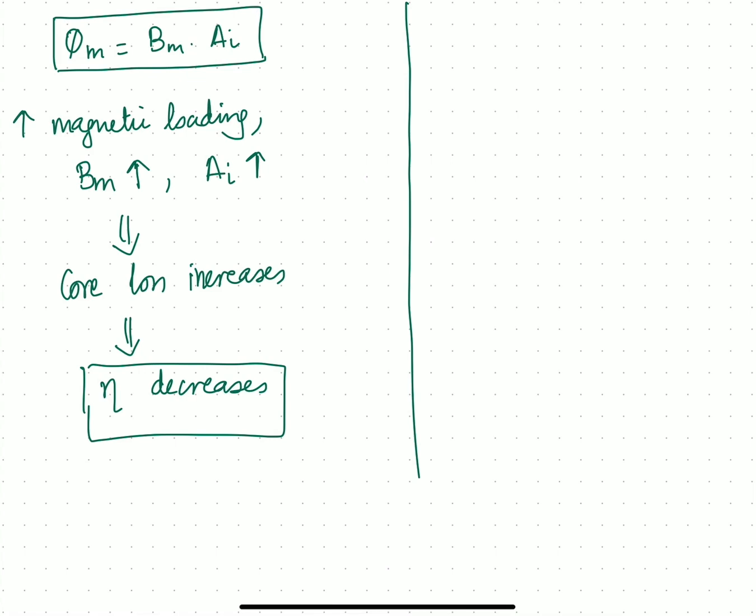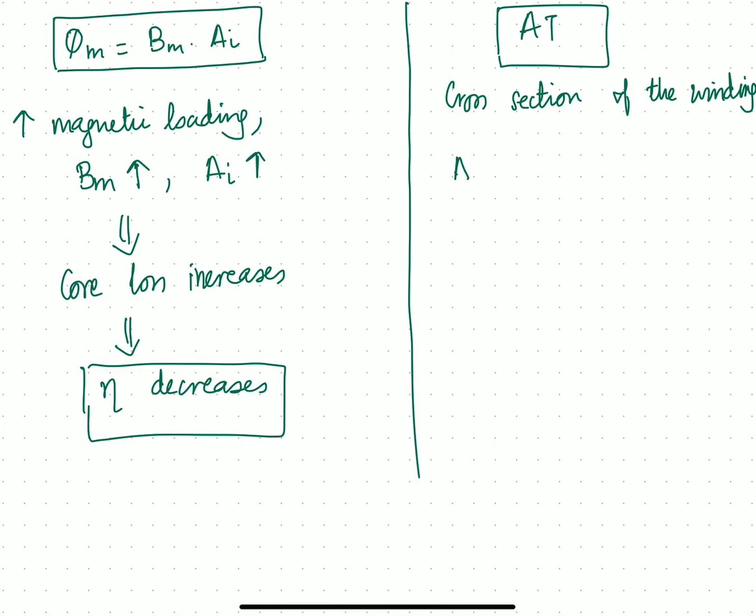On the other hand, AT is the electric loading, so it gives you a measure of the cross section of the winding. So if you have an increase in electric loading, what happens? The number of turns increases. What happens?